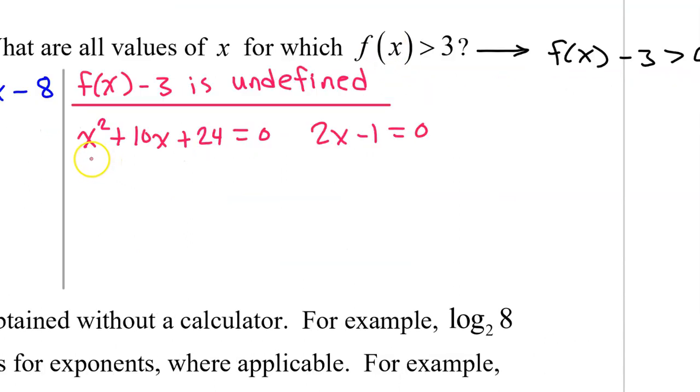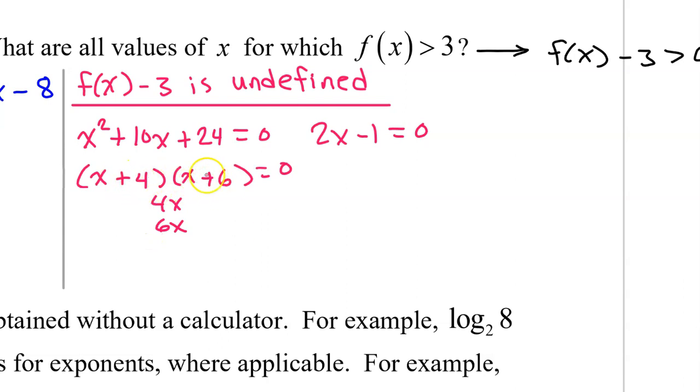Let's start with setting the trinomial equal to 0. Hopefully this is factorable. X squared will factor as x times x. Among other things, 24 is 4 times 6. Inner plus outer must equal middle. So with a 4x inner and a 6x outer, we can get a positive 10x if we just leave both of these as a positive.